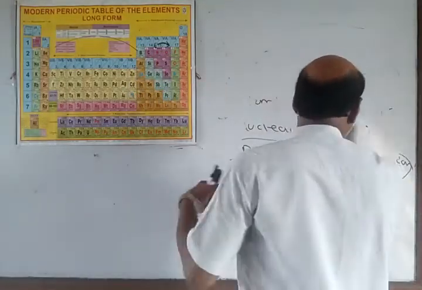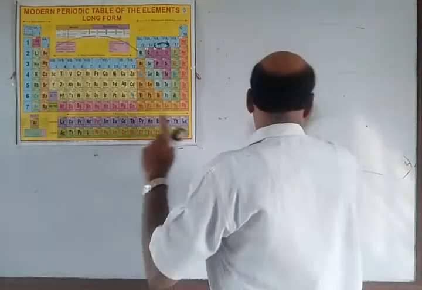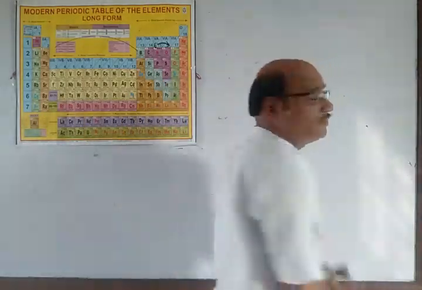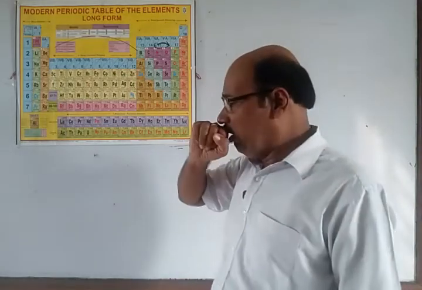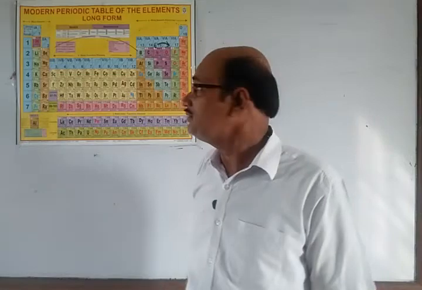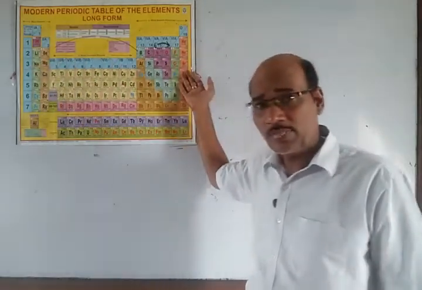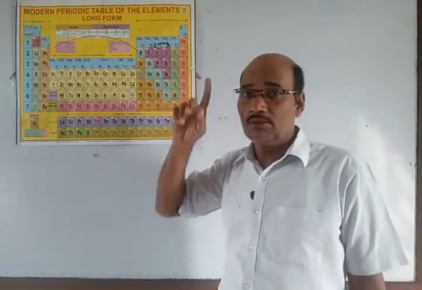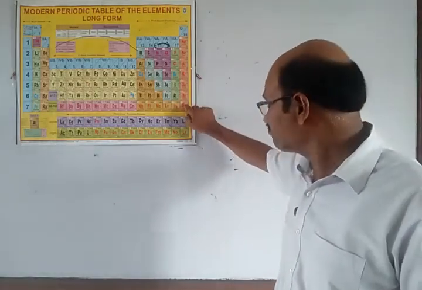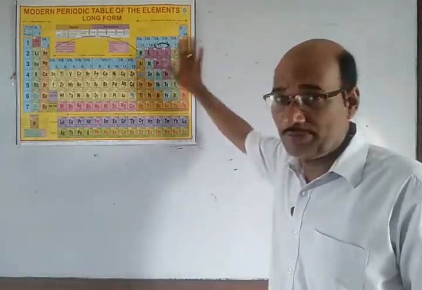So what do we have to remember here? Three things to remember. One, the electron affinity goes on decreasing along the group and increasing along the period. Number 2, noble gases have zero electron affinity.